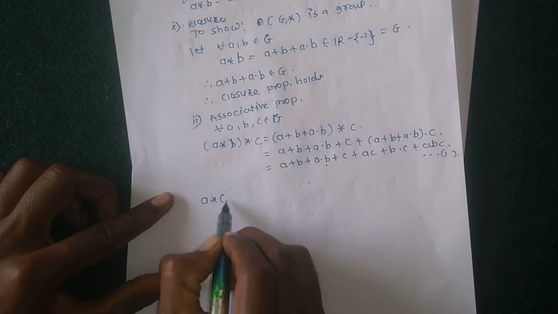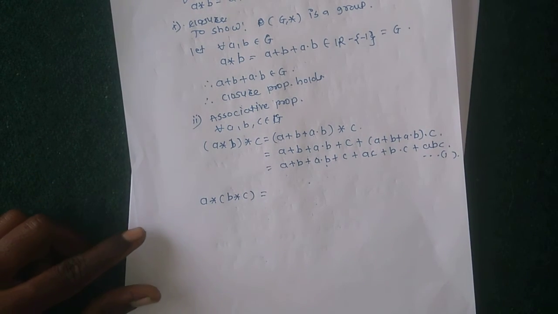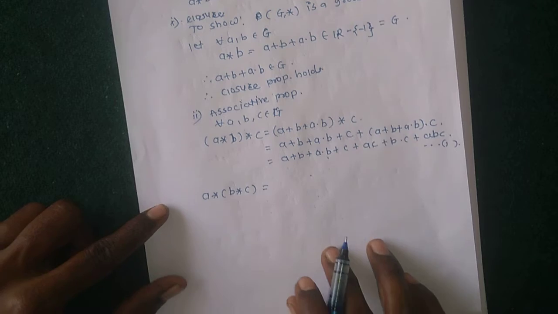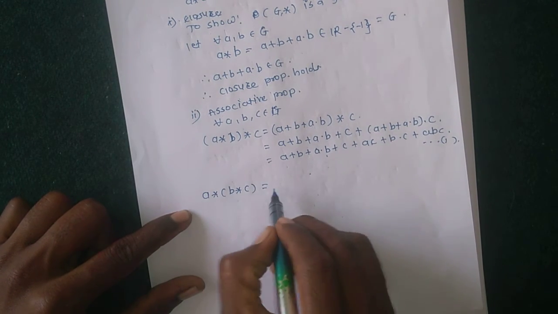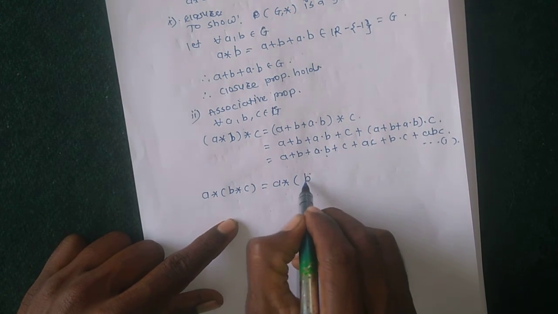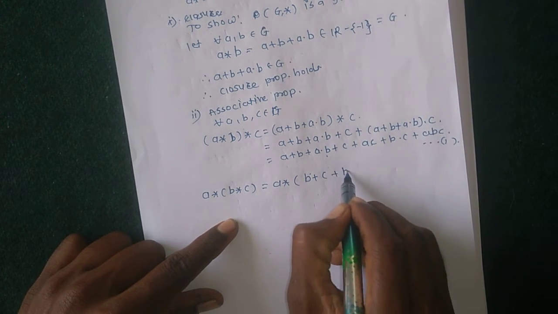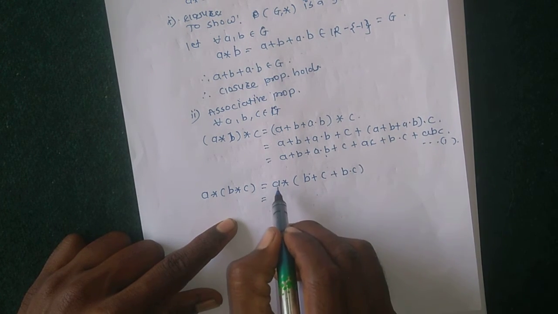Then A star (B star C) equal to, the second side for associativity. First we solve this bracket, meaning A star, the value of B star C is B plus C plus B into C, and this is one real number, this is one real number.